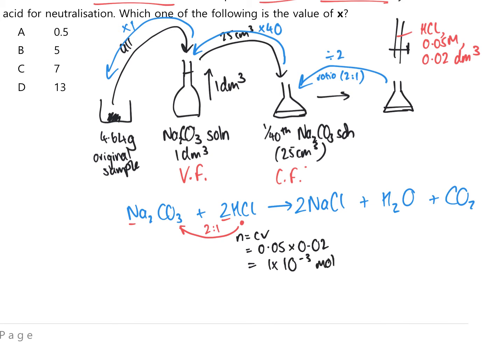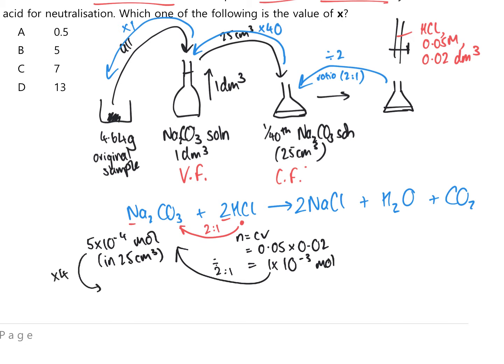Then we are essentially dividing that by 2, just as our ratio is here, because our ratio is 2 to 1, so dividing by 2, times by 1. That means we've got 5 times 10 to the minus 4 moles in our 25 centimetre cubed sample in the conical flask. We then need to work out how many moles I have in my volumetric flask.